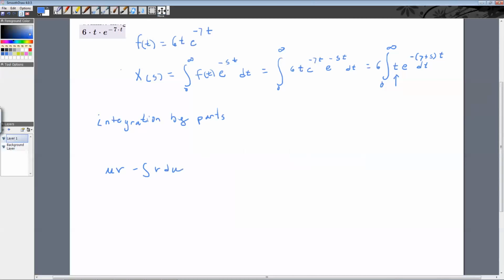I think what I always struggled with is, well, what's going to be v and what's going to be the du? But the trick is we have to make sure that we don't end up with t multiplied by something, t to some power, times an exponential with t in it.